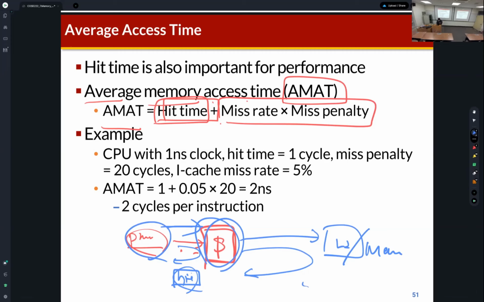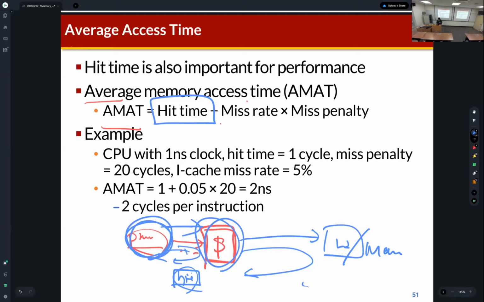But as you can see, we add the hit time for every case. This is because firstly, the processor needs to access the cache. Then the cache returns two different results. For the hit case, the cache returns the data.